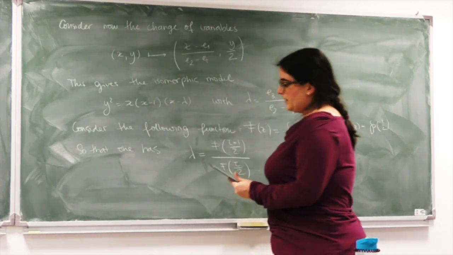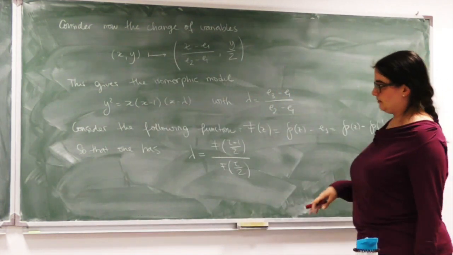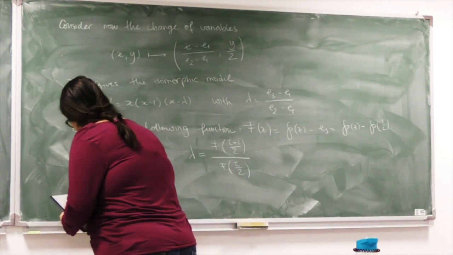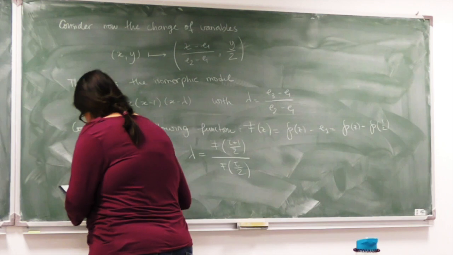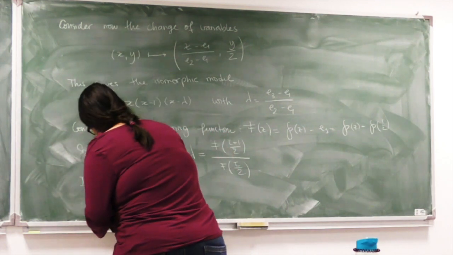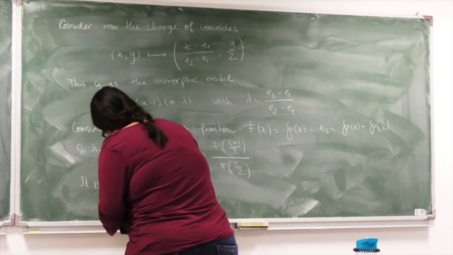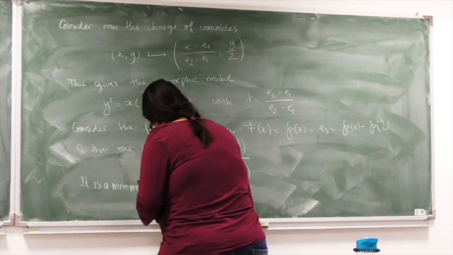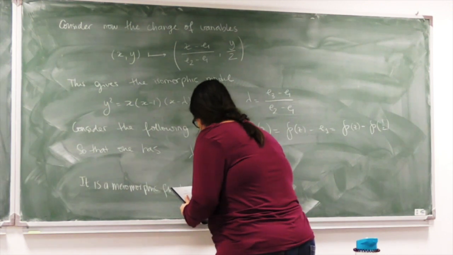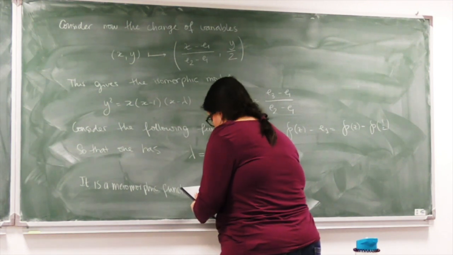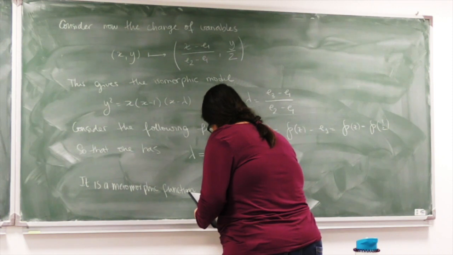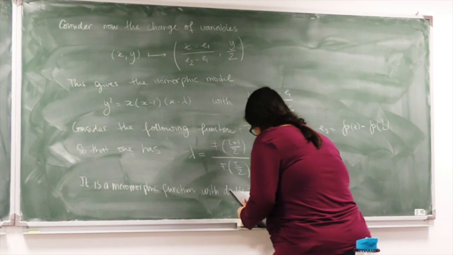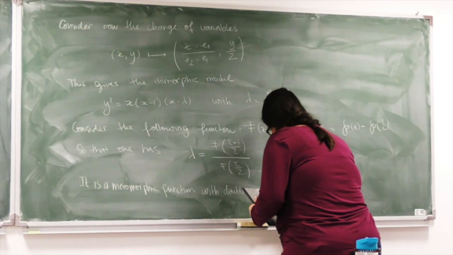Okay, why am I interested in this function? Well, it has very nice properties. We have that it is a meromorphic function with double zeros at 1/2 plus lambda.